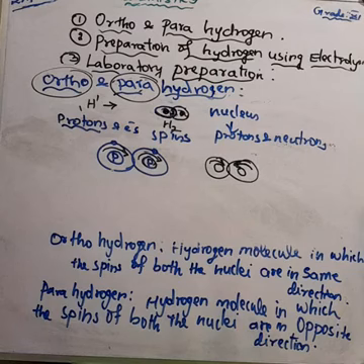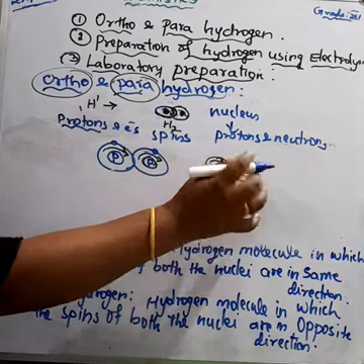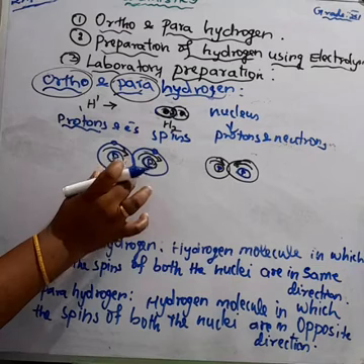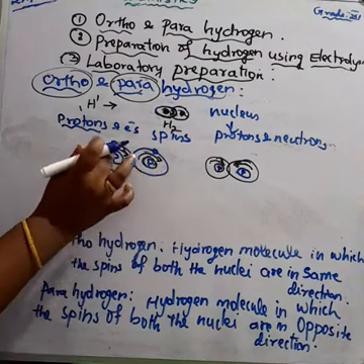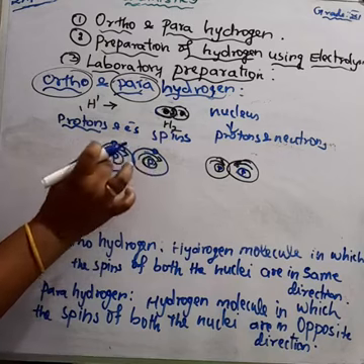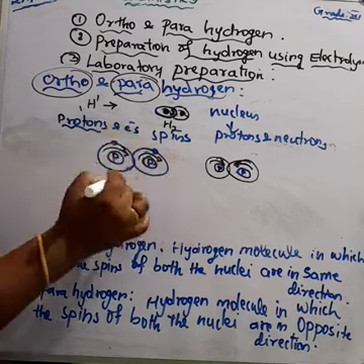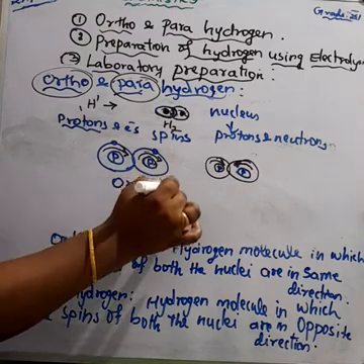Ortho means the protons in the nuclei spin in the same direction. Okay, we are taking one molecule of hydrogen. In the molecule of hydrogen, if the protons of the two nuclei spin in the same direction, that is called orthohydrogen. Okay, understood?